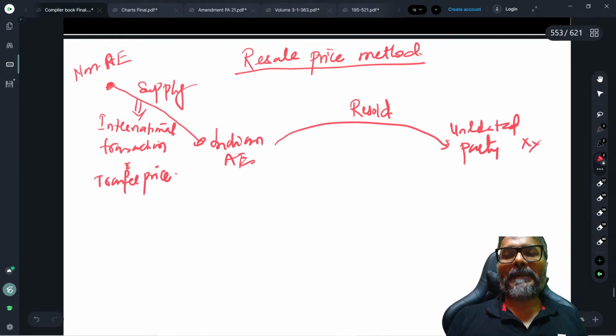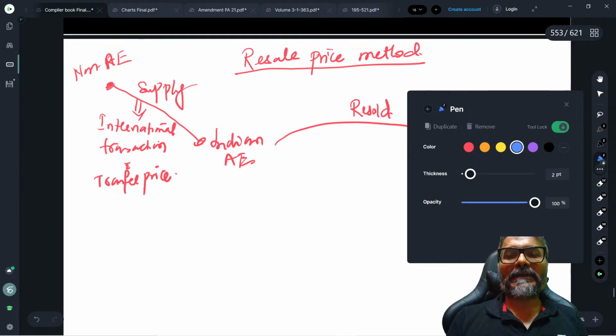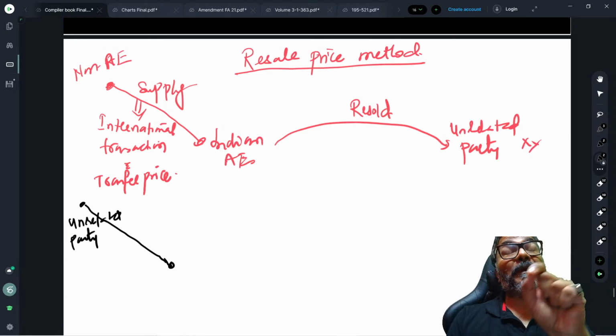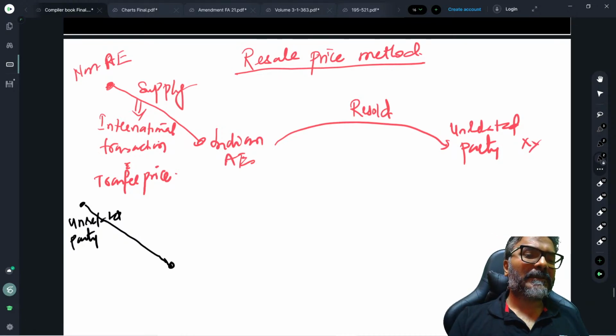Okay. Now, what happens thereafter in this context? Thereafter, students, there is a case for an unrelated party which is providing the similar particular goods or services.